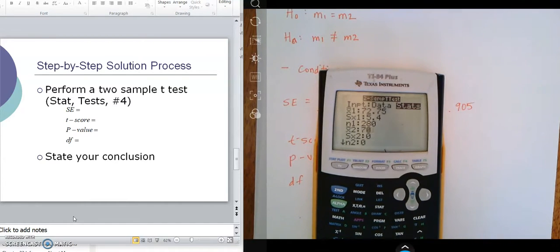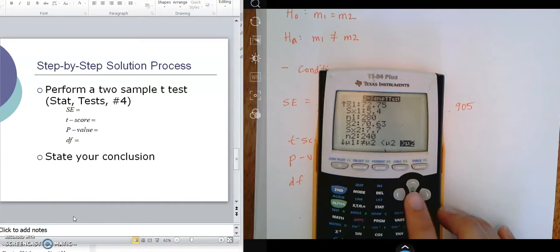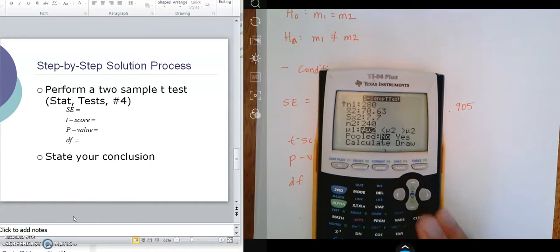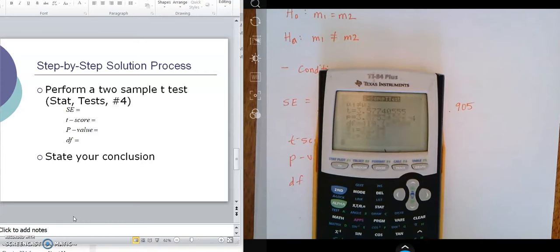For women it was 70.63. Standard deviation 7.7 and 240 were sampled, and I think that they are not equal. It was not pooled, so we're going to calculate.